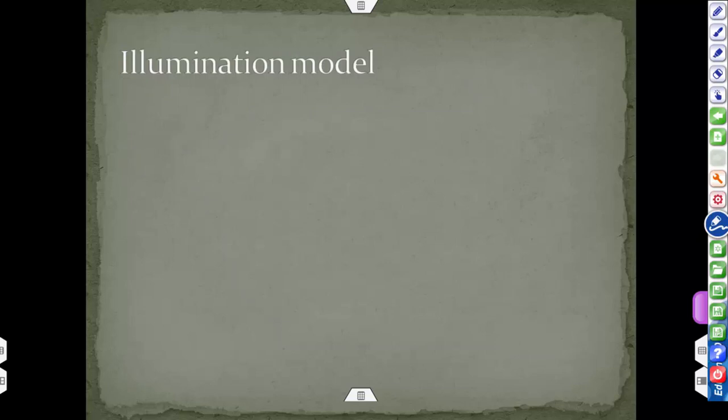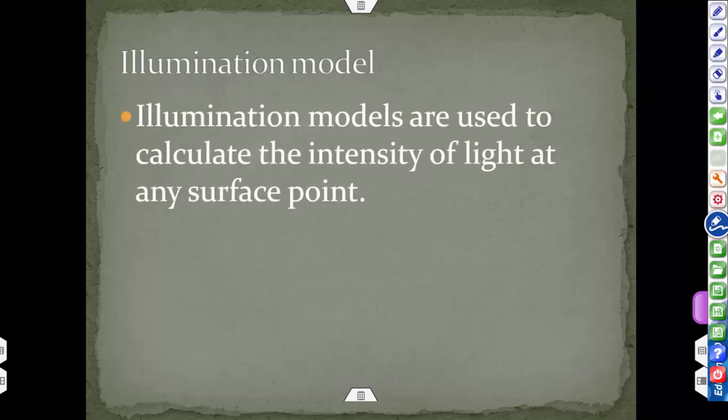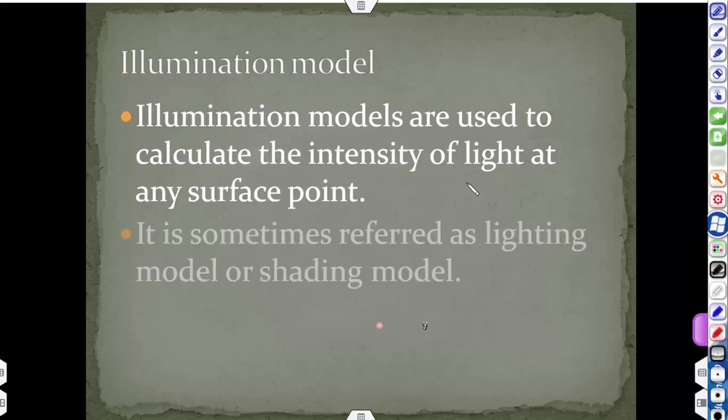Now we will see what the illumination model is. The illumination model is used to calculate the intensity of light at any surface point. For example, suppose this is a game object, and in a game, if we are seeing this face of this cube, it means that it is illuminated by the light source. That's why we are able to see it.